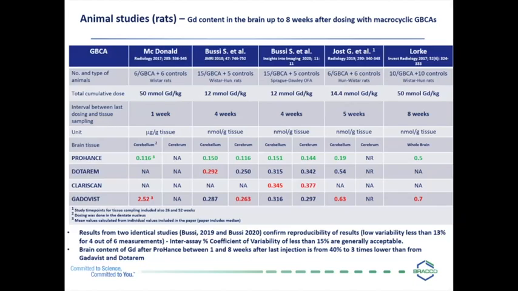Given the strikingly similar profile of the measured GBCA levels across all soft tissue organs, with ProHance consistently returning lower levels of retained gadolinium, it is likely that the unique physicochemical properties of the gadoteridol molecule may be relevant not only in the brain but also across all soft tissues. Common to many animal studies on gadolinium retention is that the findings, although important, can only be considered as indicative rather than representative of the more complex biological situation in humans.